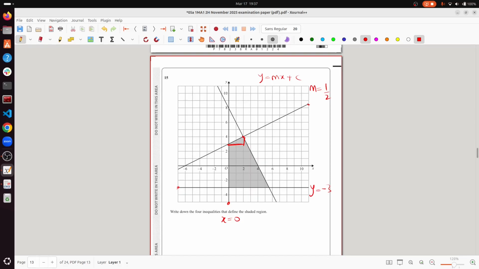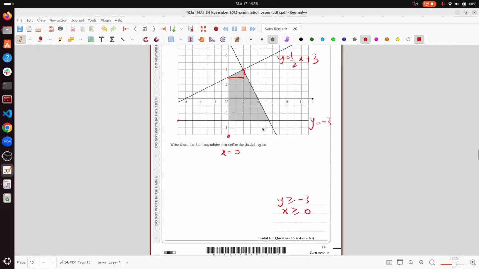So the equation of this line becomes y equals half x plus my c, the y-intercept, which is 3. Now I can see that for that line, the region is below it. So that becomes y is less than or equal to a half x plus 3.